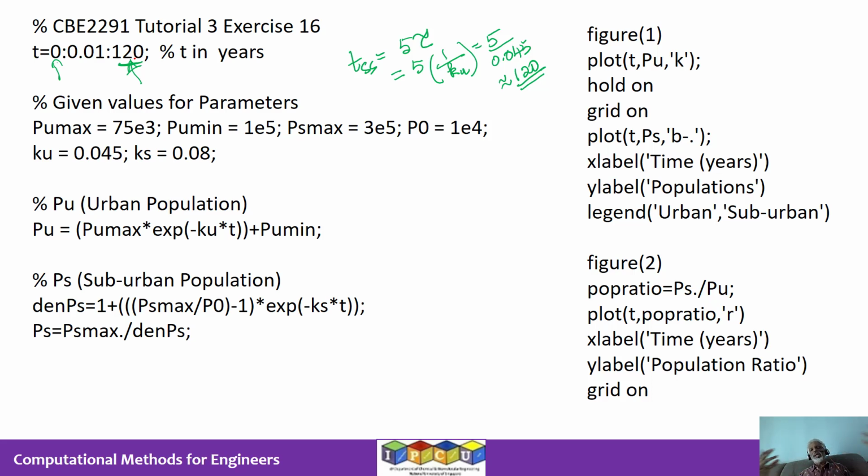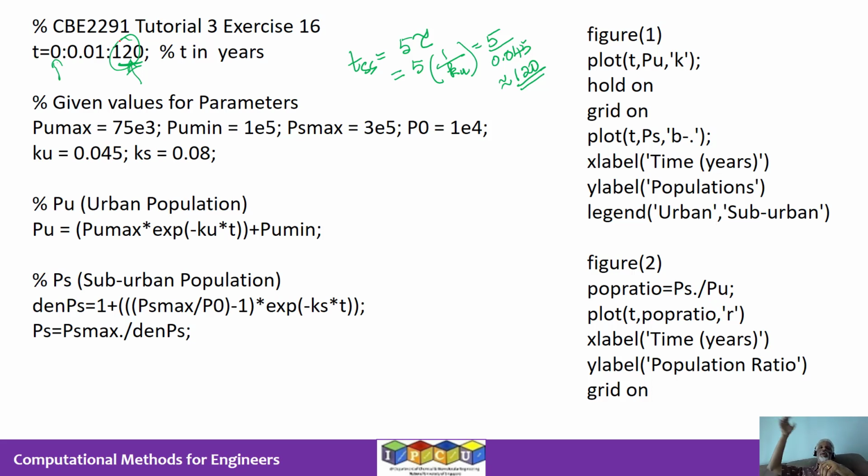Of course, if you did not have a knowledge of system dynamics, which for a junior level student is not something fair to expect, you have to try with different t values and see what time it takes for the population to stabilize. So try with 10 and plot it and see whether the population has reached a steady state value.